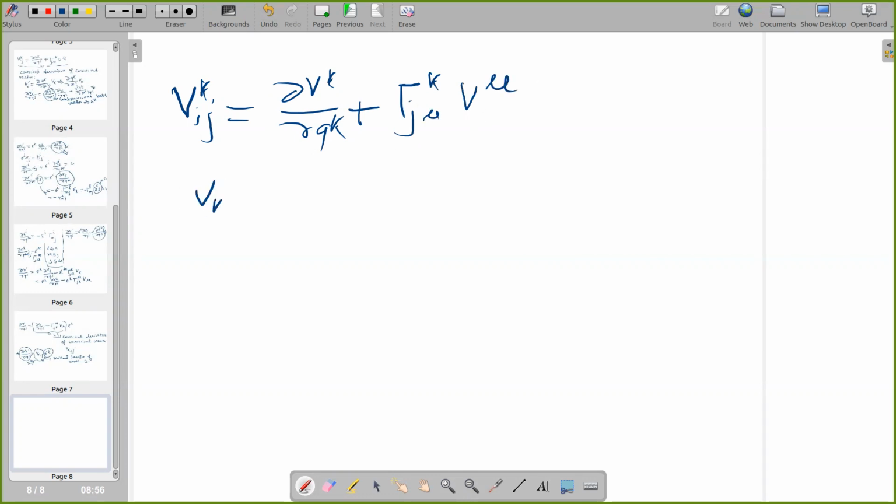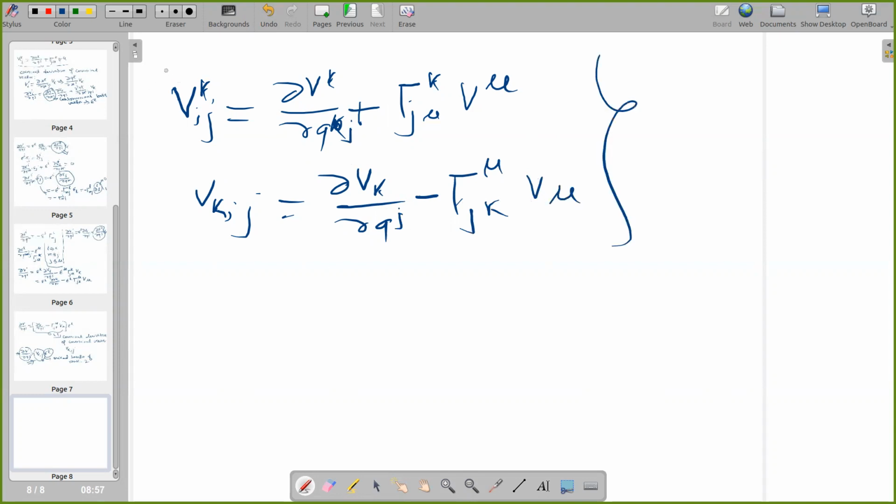Similarly, V_k;j is the covariant derivative of covariant vector. And here again, the first term is simple differentiation, derivative. Sorry, here this is j, not k. Here j minus gamma mu j k V_mu. These are the covariant derivative or semicolon derivative of contravariant vector and covariant vector.